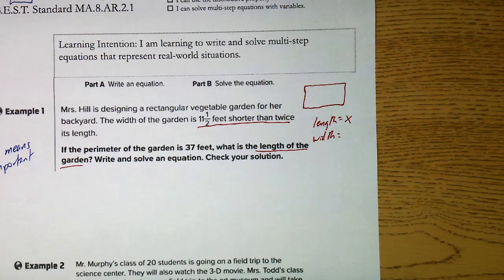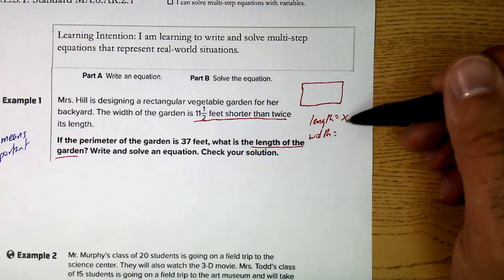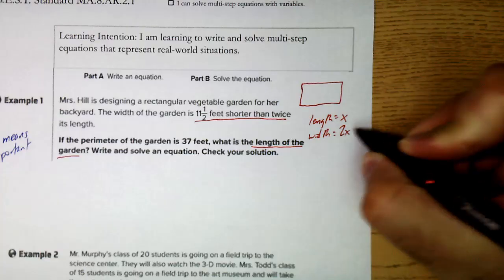I said I had twice as much money as you. How would you figure that out? I have $10. You have $10. I have twice as much money as you. That means I would have $20 because I have twice as much. I multiply by 2. So whenever it says something like twice its length, I'm able to take that x that we said, because they didn't give us any information, and just say 2x.